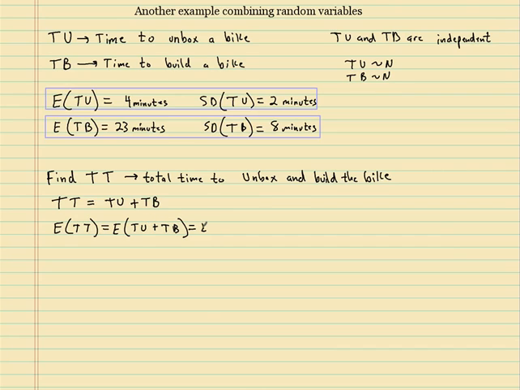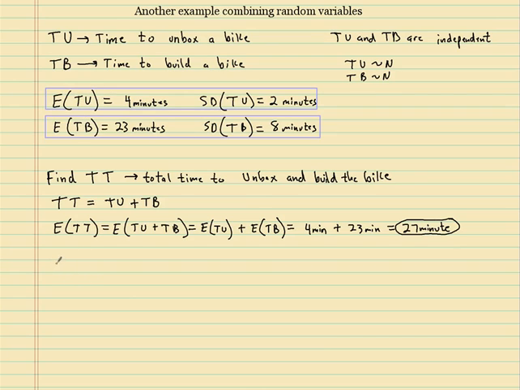So using my formula, or just common sense, that's the expected value of the time it takes to unbox plus the average time it takes to build the bike. The expected value to unbox is 4 minutes, plus the expected time to build the bike, which is 23 minutes, which equals 27 minutes. So on average, it's going to take 27 minutes to unbox and build the bike.